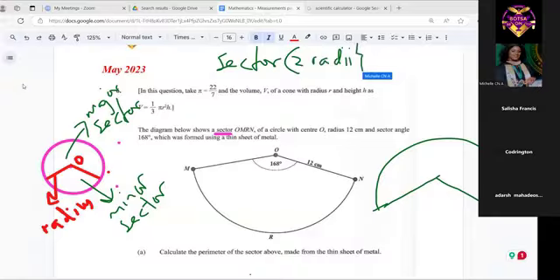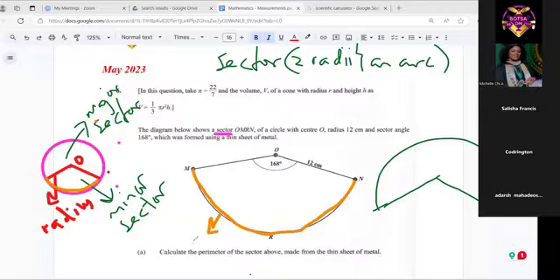And an arc. What is an arc? An arc is just a piece of the circle. So the arc in this question, well, this diagram, is this piece here. The arc is just a piece of the circle, right? And then again, looking from the center O to here, that is a radius.